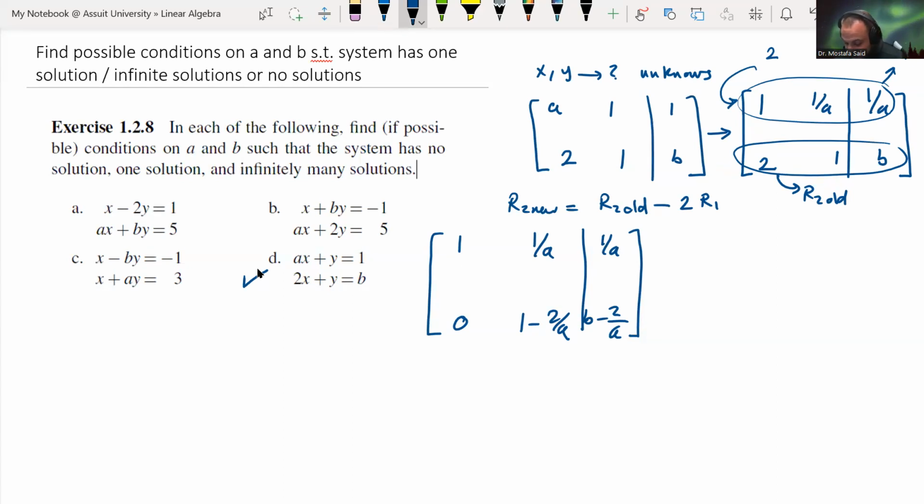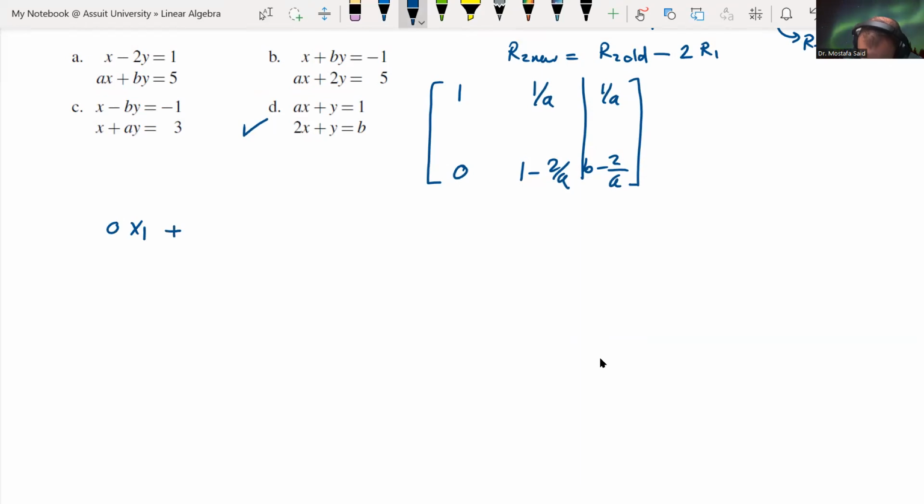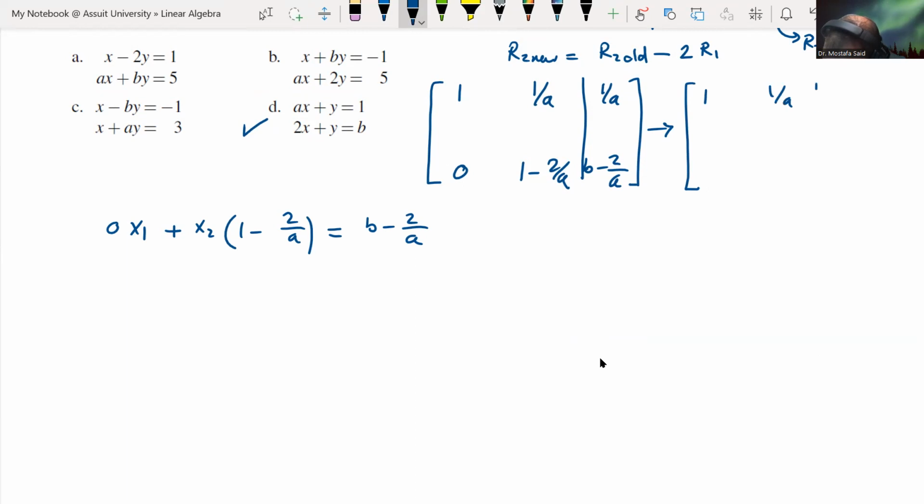Just look at this final equation and write it in its normal form: 0x1 plus x2 times (1 minus 2 over a) equals b minus 2 over a. You can reduce it further by multiplying that row by a.